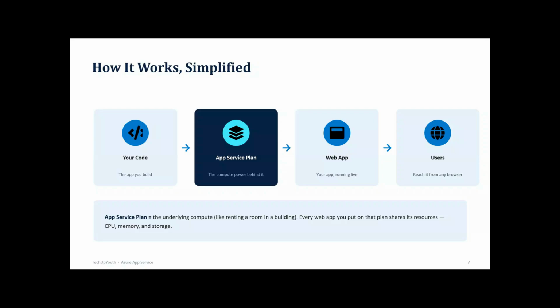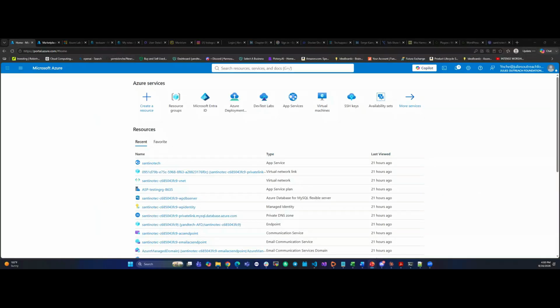So we are going to go into the portal right now and create an Azure App Service. Then we are going to create an app using Visual Studio 2026. I am going to send a zip file of a Bible app that we are going to use for this demo.